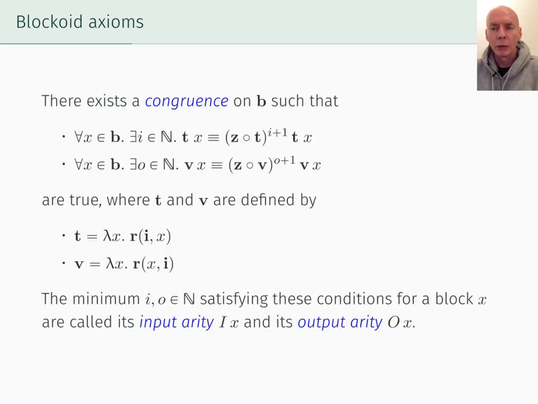So let's make it a requirement. To have a blockoid over a set B, B must admit an equivalence among its members, which is also a congruence. And by that I mean if X and Y are equivalent to each other, then ZX must also be equivalent to ZY, and similarly for rack.